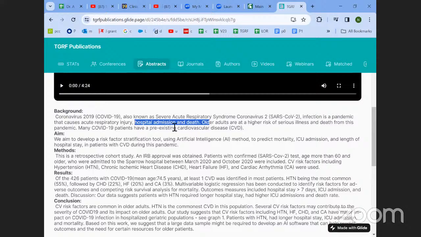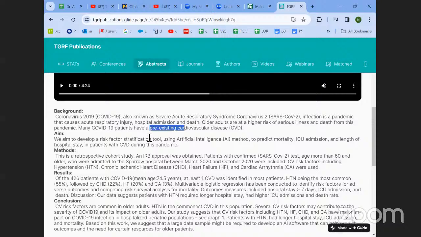At the hospital, the death rate was high. So we wanted to identify or stratify the risk of other illnesses associated with patients who, let's say, go to the hospital. We wanted to identify pre-existing cardiovascular disease conditions in this group of patients.